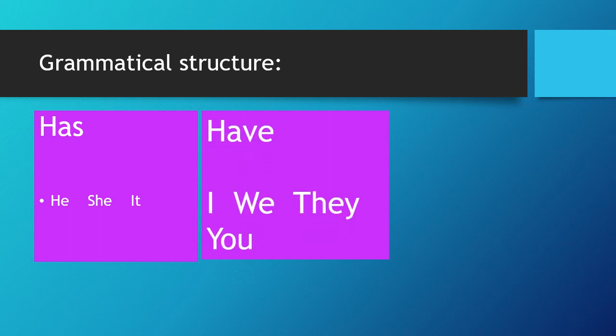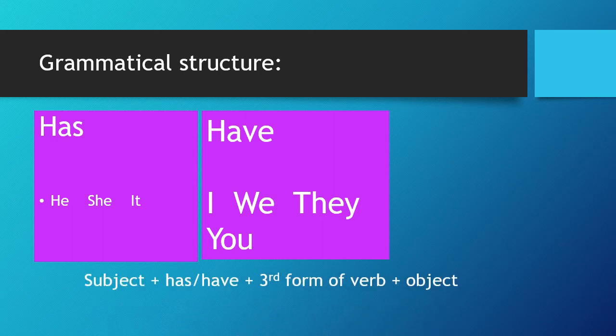Whereas we use have while having the subject I, we, they, or you. Fine? So the rule for the grammatical structure of these two tenses are subject plus has, have, or third form of verb plus object.